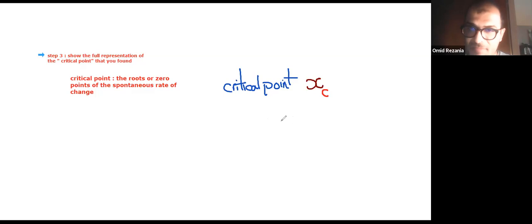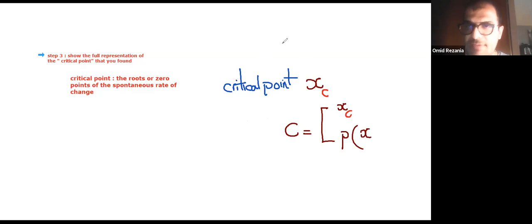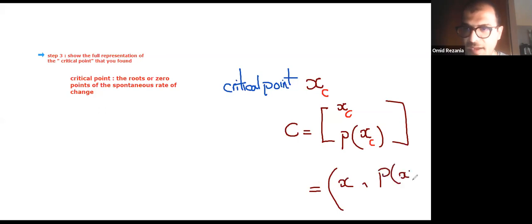The full representation becomes either xc and p of xc, or c equal to x and p of x, which I'm going to put as critical.